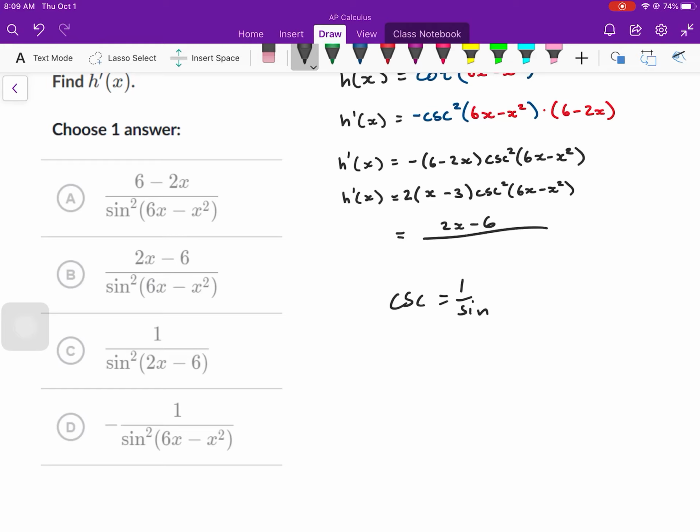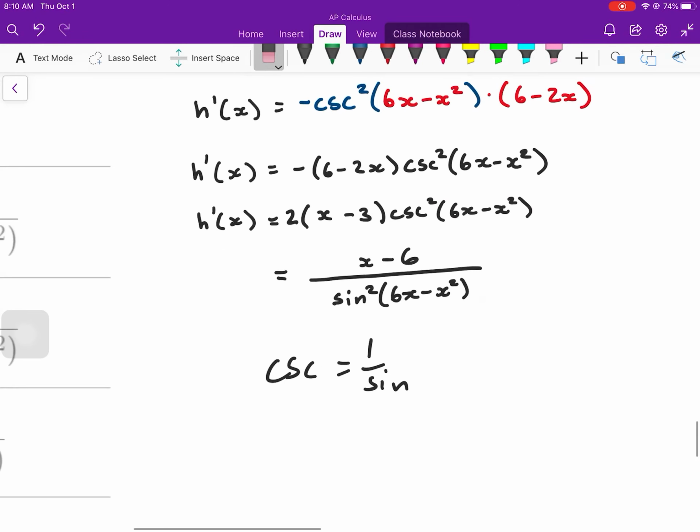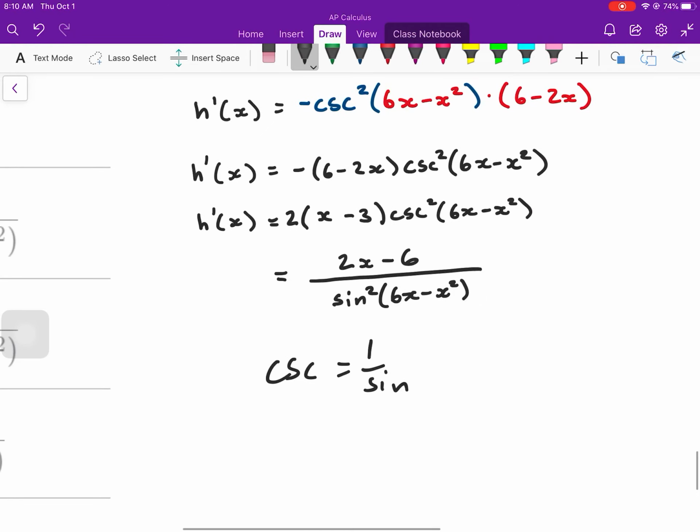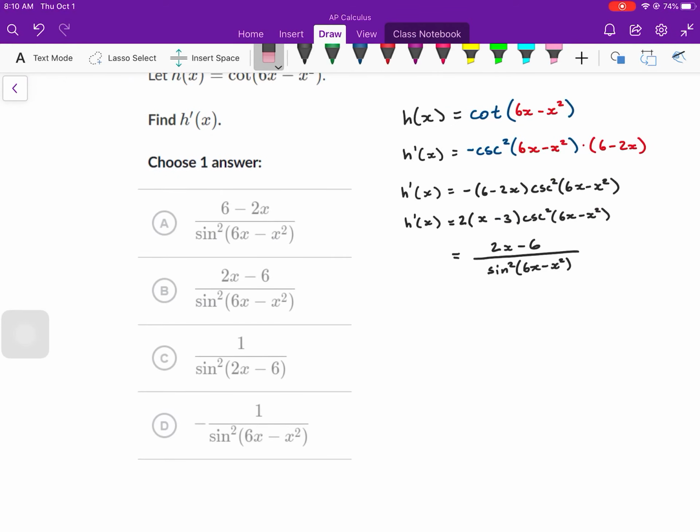And then that cosecant squared will become 1 over sine squared of 6x minus x squared. And some of you might think we could factor the x out inside. No, it's inside the function, so it's got to stay in there. We don't mess with the inside of the trig function. And I see that answer is B.